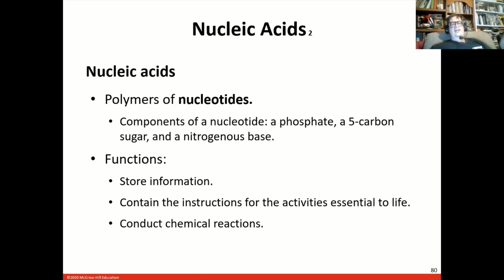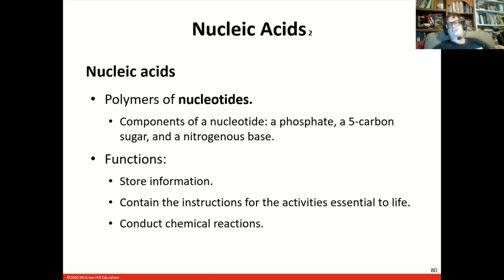All right, so nucleic acids are polymers of nucleotides. Let me translate. Nucleic acids are long chains, polymers, and their monomers, their individual pieces they're made out of, are called nucleotides. Just like a long cellulose polymer is made out of individual glucoses, a long RNA is made out of little individual nucleotides. Now, each nucleotide is a sugar, a phosphate, and a base.